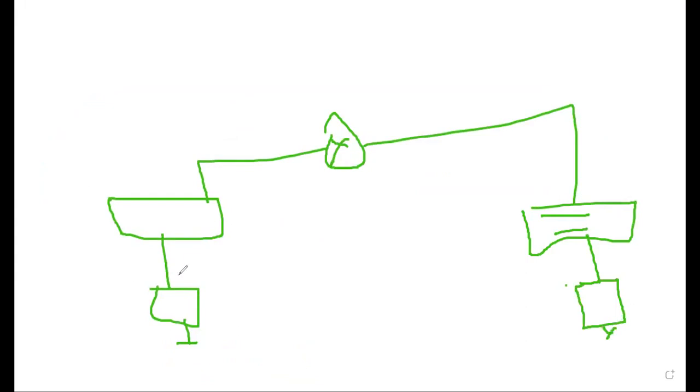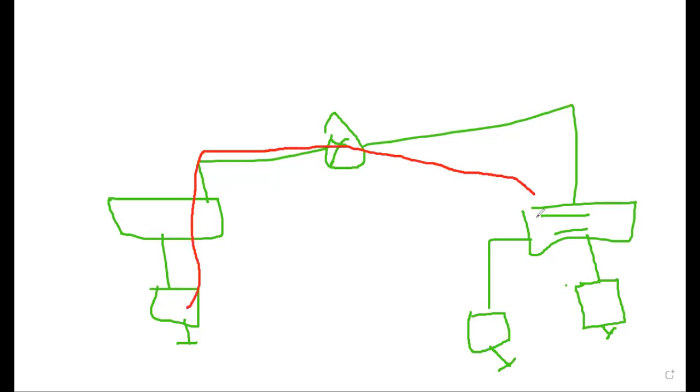We can say that I have two devices here. For example, from this system to this system, deny. From the same system to this system, permit.